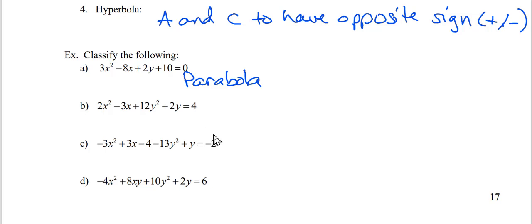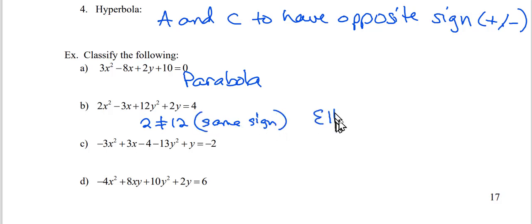Hopefully you paused the video and now you've unpaused. In part B here, we have both x squared and y squared, so we know we do not have a parabola. The numbers are not equal, but they are the same sign. So it's an ellipse.